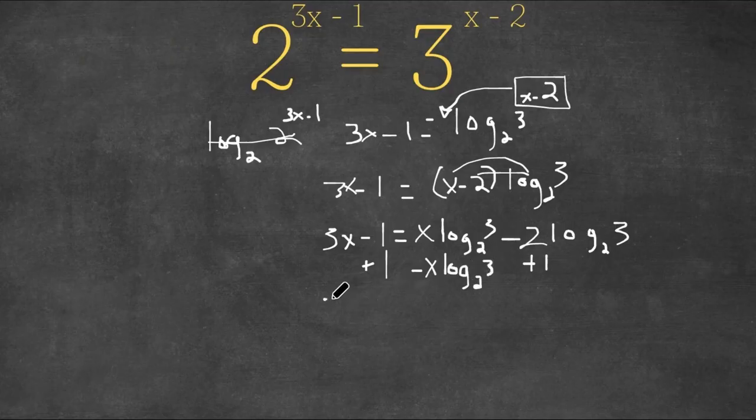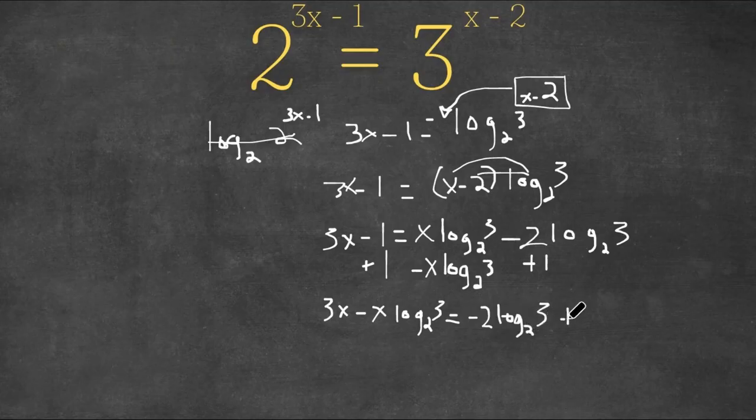Alright, so this gets us to 3x minus x log equals negative 2 log plus 1.